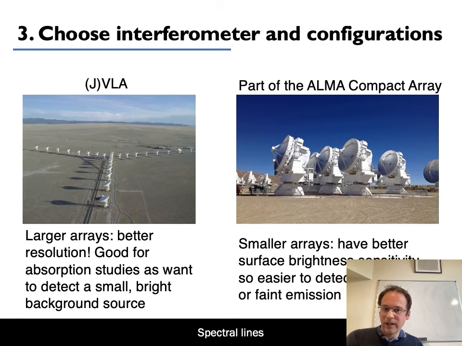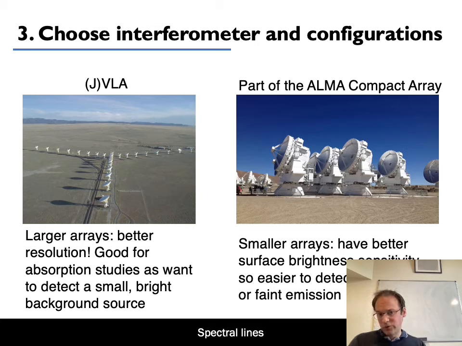So when you're thinking about that, you want to think not only about whether the telescope can observe at that particular frequency for the spectral line that you're interested in, but also about the array configuration as well. The VLA and ALMA, for example, can observe in different array configurations, and when you propose, you propose for a particular configuration.